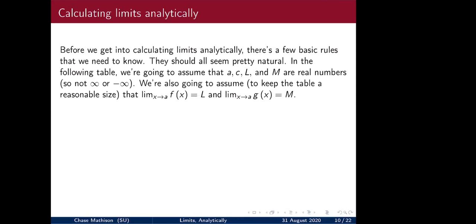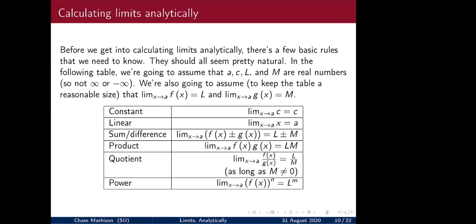Okay, so here's the big table that you're going to need to know. Again, it should all seem pretty natural, I hope. We proved specific cases of these two right there, but hopefully you can see that what we did, you can just replace all the specific numbers I had with general constants, and you would still end up with the same proof. So the first one says that the limit of a constant is a constant.